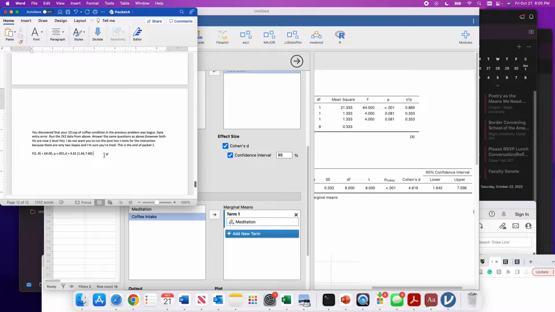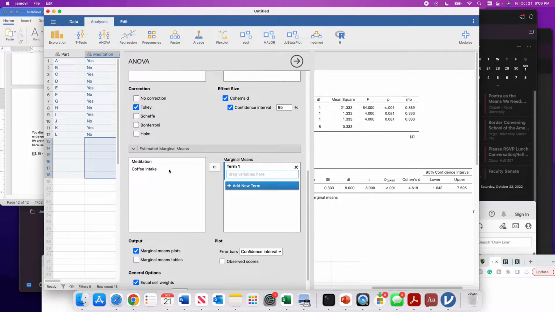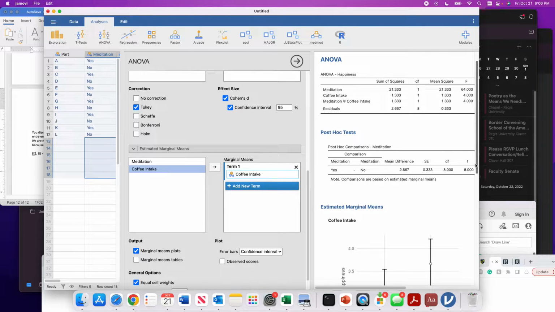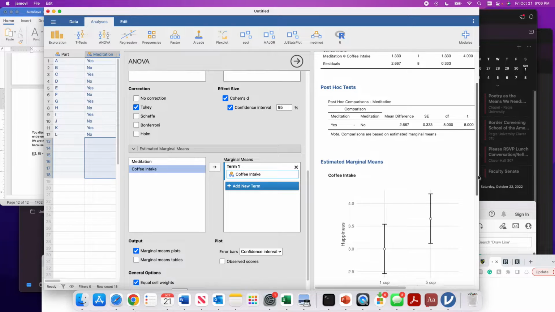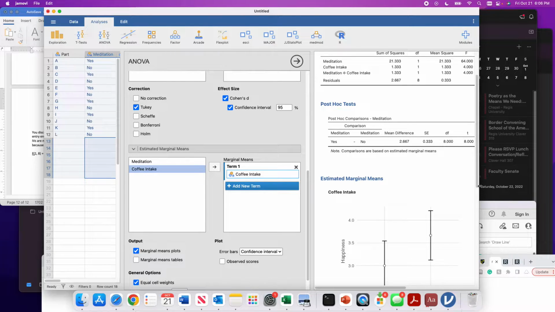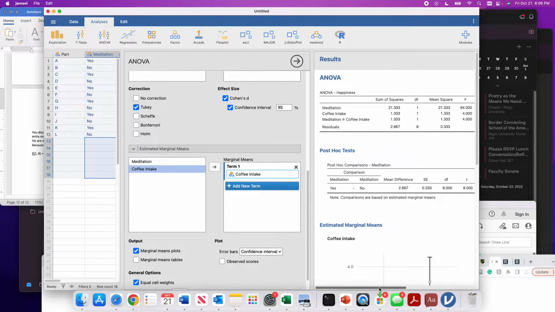The post hoc test, I'm only using it not for the p-value, just for the Cohen's d. We know that the next one is not significant, but we still have to treat it with respect. So what I want here is to put coffee intake in here and just see what I get. Okay, 5 cups is better than 1 cup. We see that. That's great.